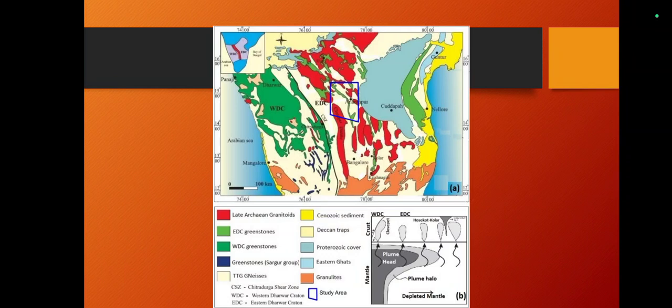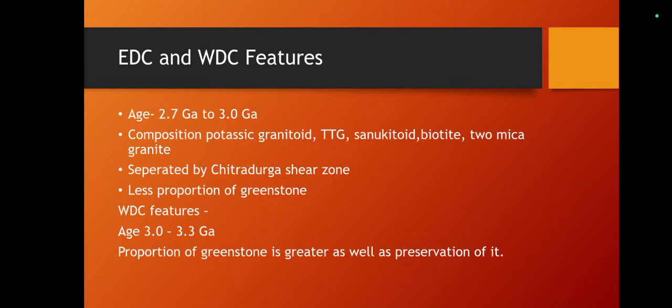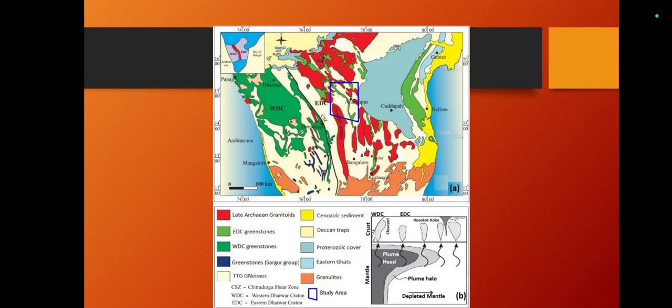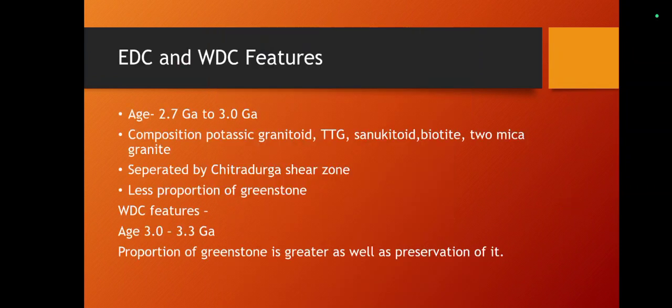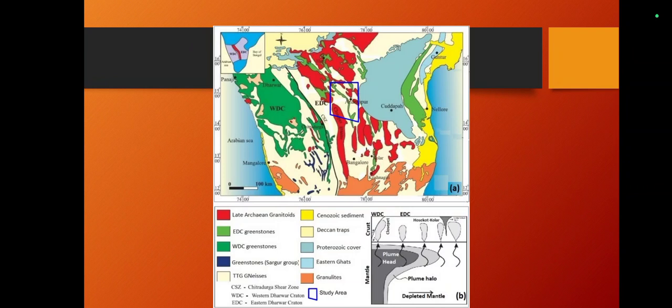And this is the picture of the Western Dharwar Craton and Eastern Dharwar Craton, which is separated by the Chitradurga shear zone. In this slide, the features of the Eastern Dharwar and Western Dharwar Craton, you can relate to this colorful picture.